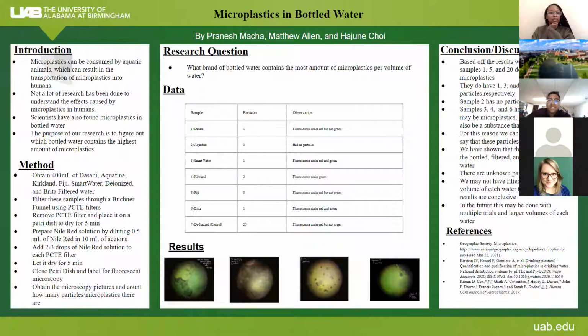But since Fiji has a slogan saying "untouched by man," it would kind of make sense that it had more inorganic particles in it than, I guess, Dasani. But what we thought was the more expensive the water, the more particles it would have, meaning the cheaper ones would be worse for you.